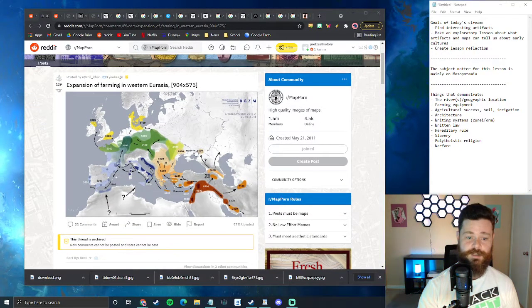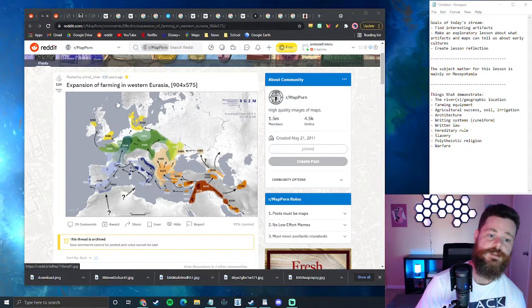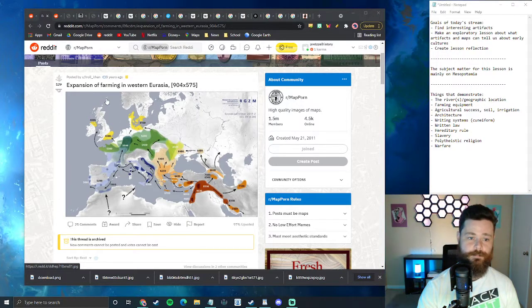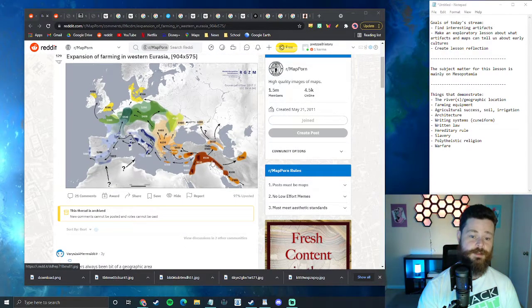So this map right here shows us an estimated expansion of farming in Western Eurasia, where you're taking the Middle East and you're taking Europe, and you're basically giving kind of like a date of estimated farming, like when farming would have probably started.